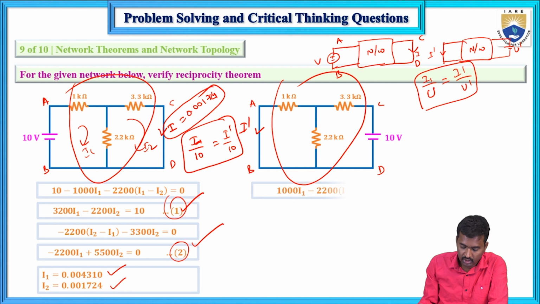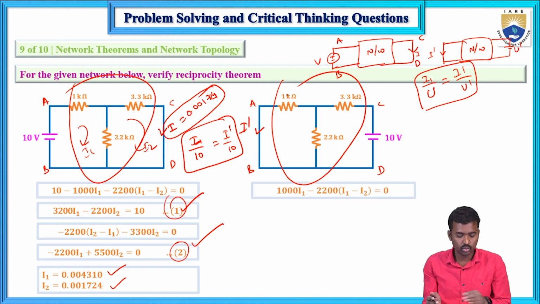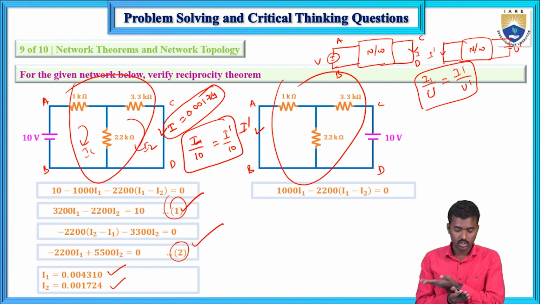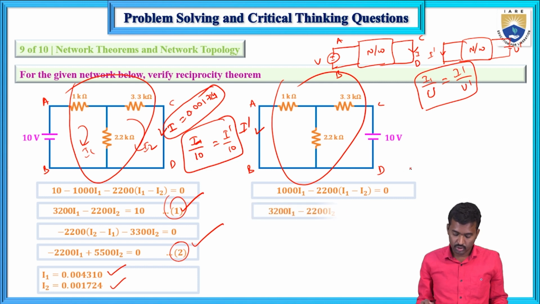Now the second one. The voltage source and the branch are just replaced. Now here there is no 10 volts, just the same equation. 1000 I1 plus 2200 times (I1 minus I2) equals 0. If you simplify, 3200 I1 minus 2200 I2 equals 0.